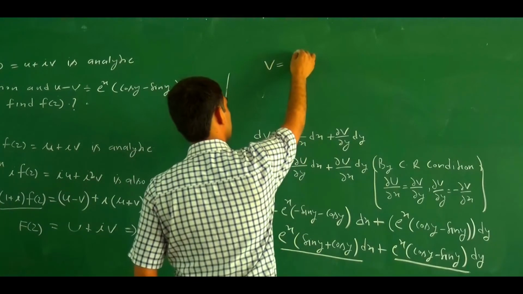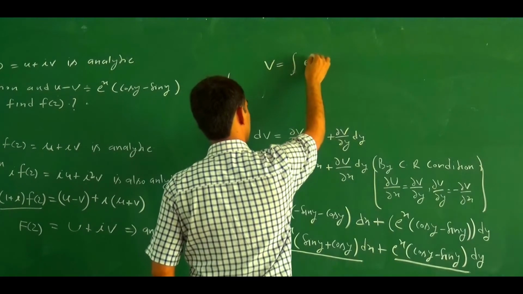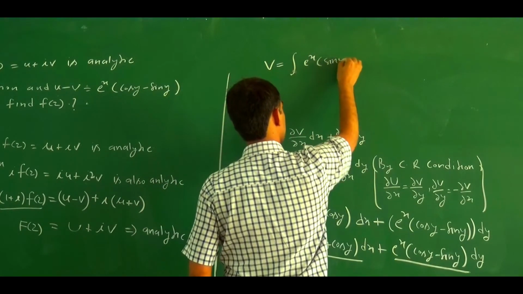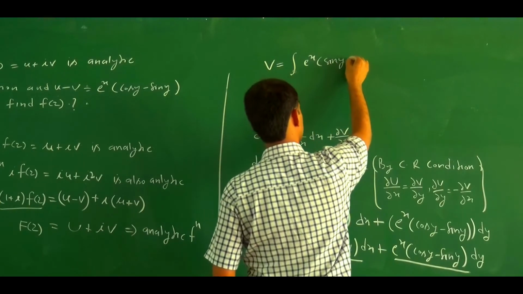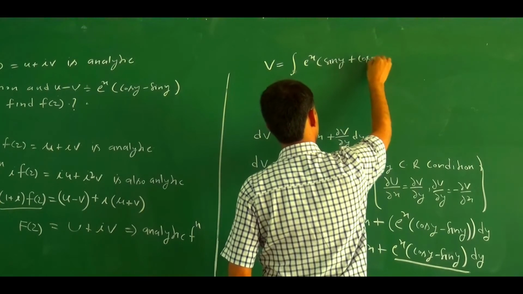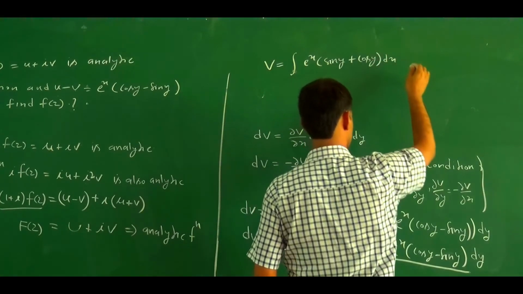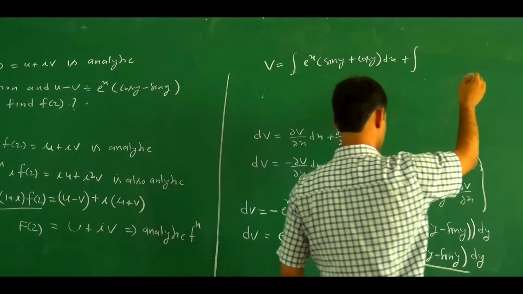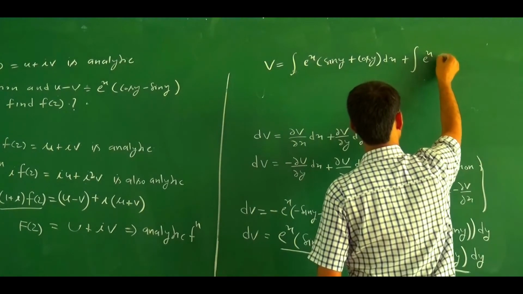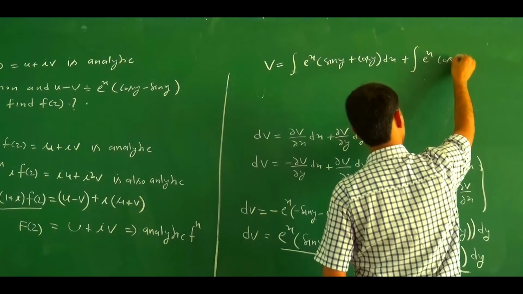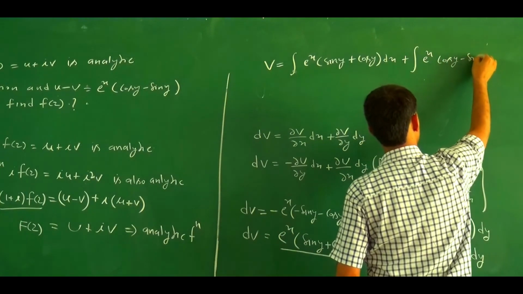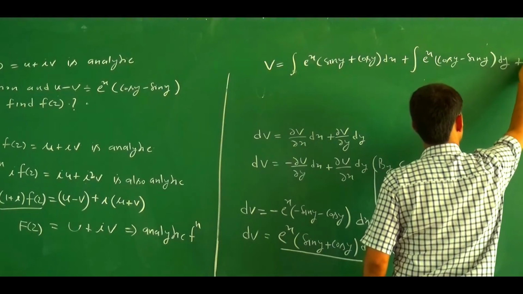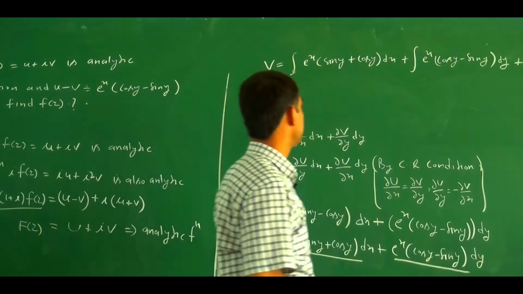V equals integrate e^x (sin y + cos y) dx plus integrate e^x (cos y − sin y) dy plus a constant of integration c.